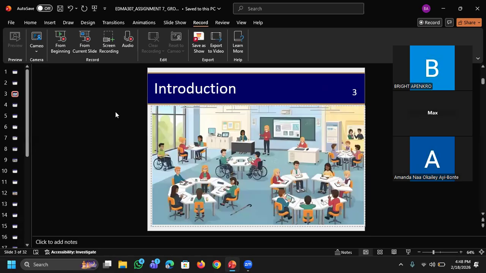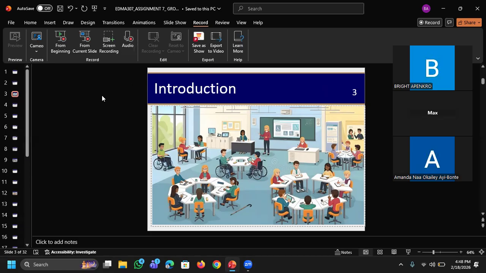From the picture shown on the screen, we can see a classroom with students grouped in fives and fours, and we can see disabled students also being included in the same classroom. This is what we call inclusiveness.